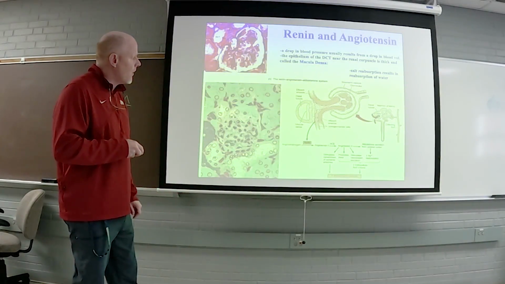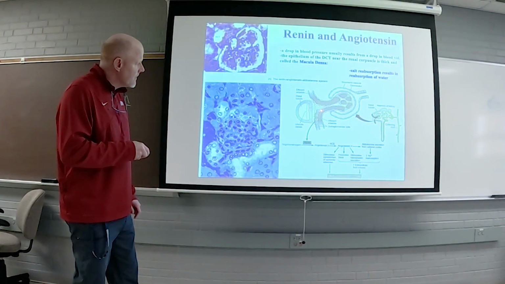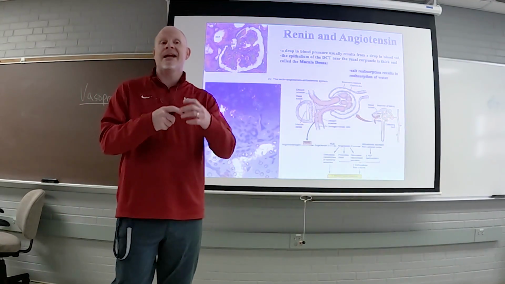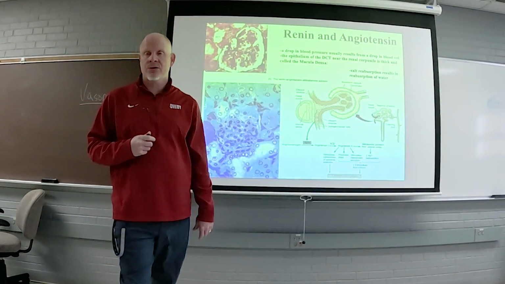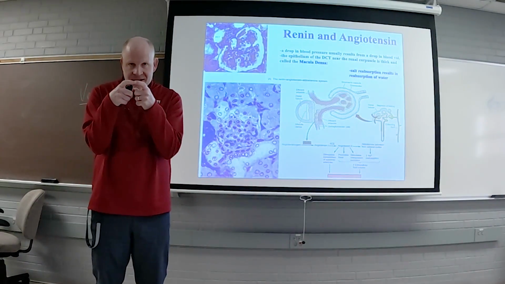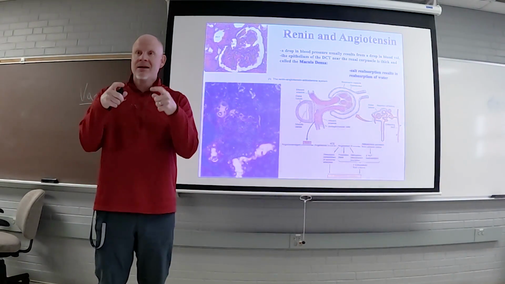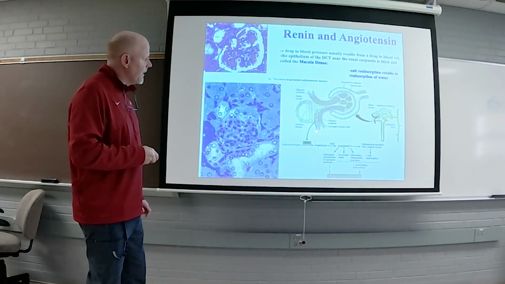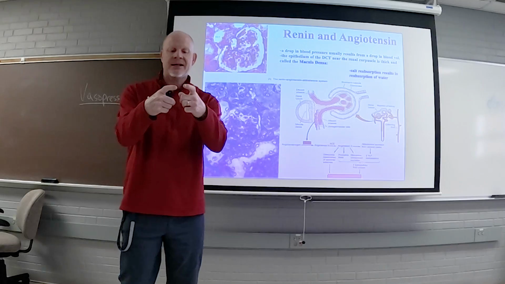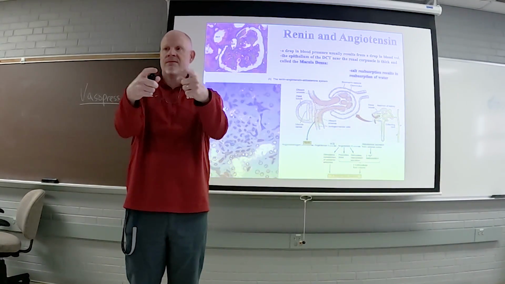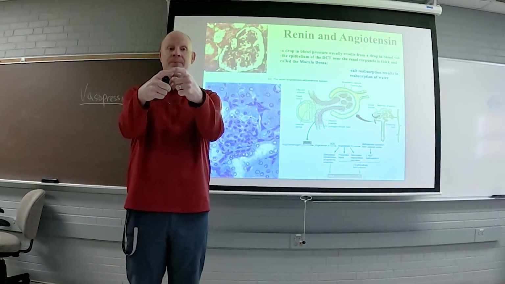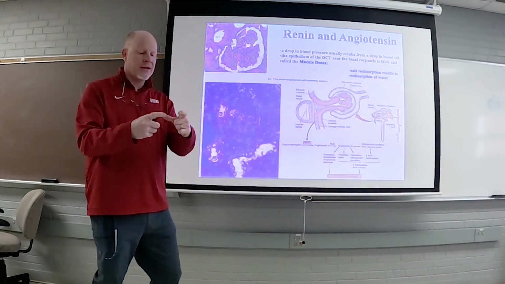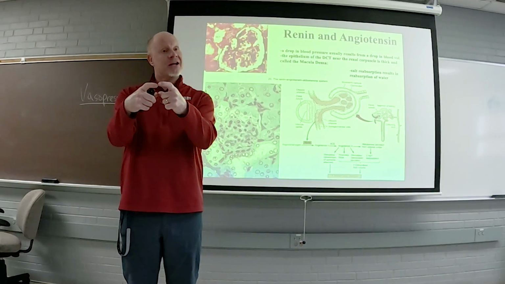Okay? There are also smooth muscle cells found in the wall of the afferent arteriole. Like any arteriole, they have smooth muscle that can squeeze down on the blood vessel and relax, to increase and decrease blood pressure. Now, as blood enters the afferent arteriole, it's going to stretch with each heartbeat as it enters the glomerulus, and this stretch can be monitored.